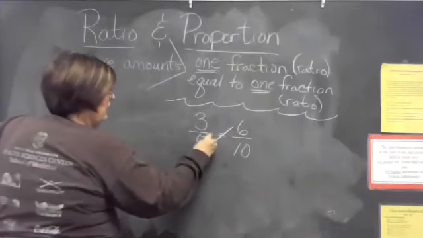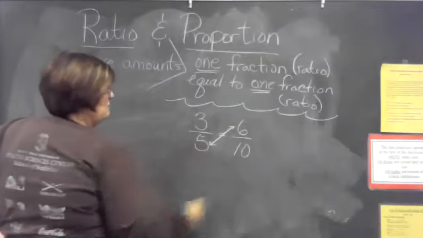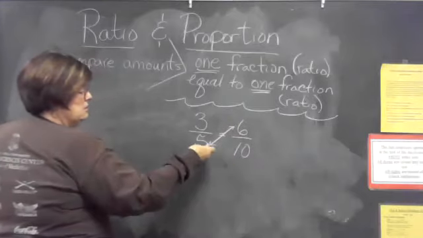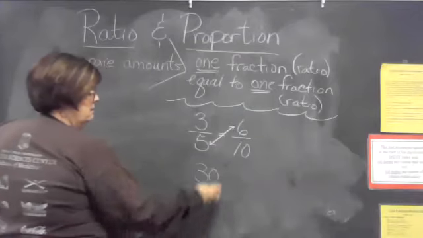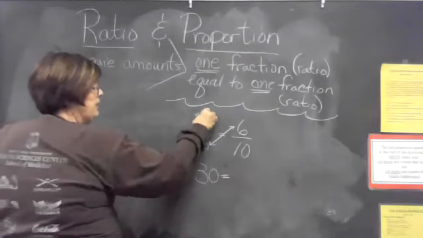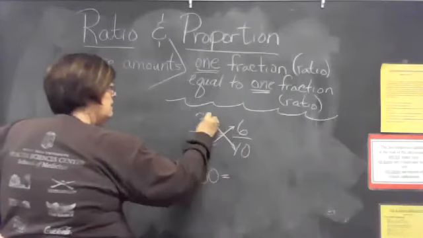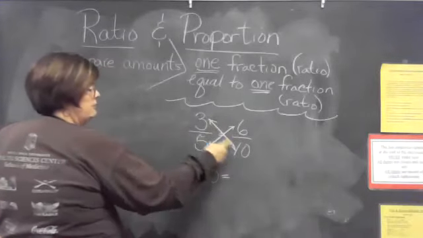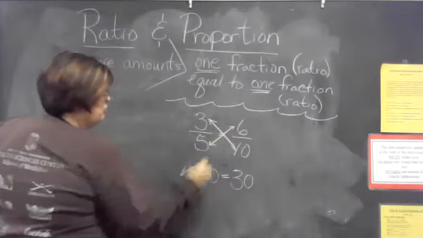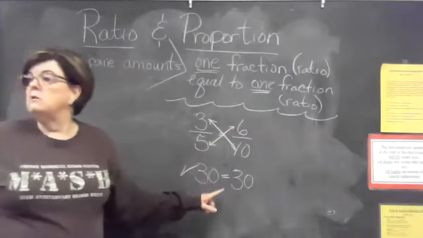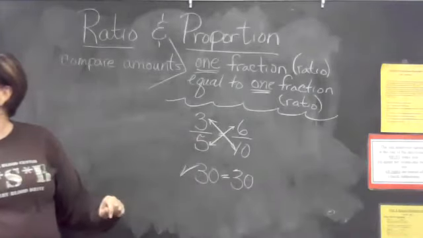If we multiply on a slant, we multiply across, then that's 30, right? If we multiply across the other way, 3 times 10 equals 30. This is proof that you have a true proportion.